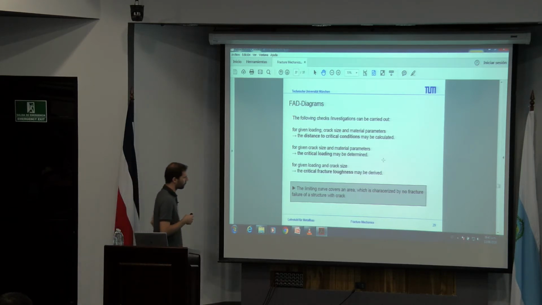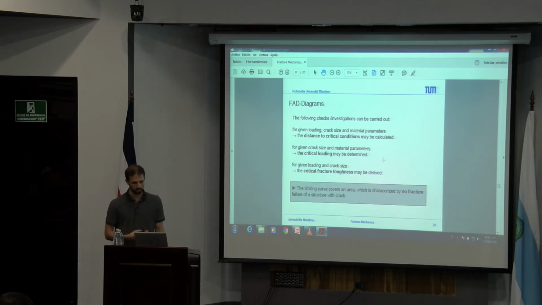So for this, we have to do some first steps. Of course, we have to use the loading situation and also the correct size and the material properties, and for this define the distance to the critical conditions.